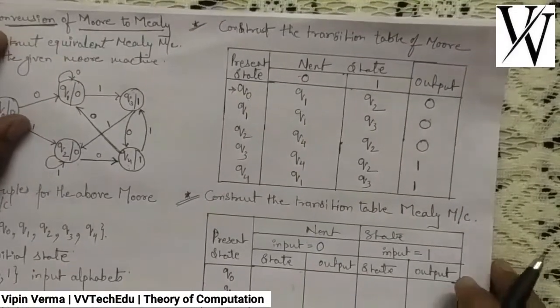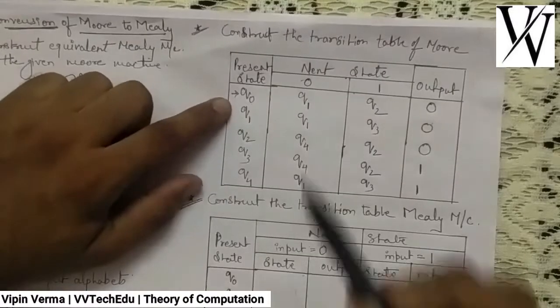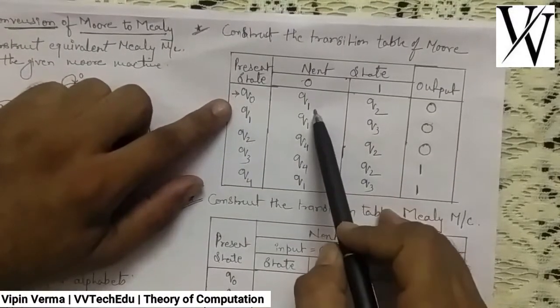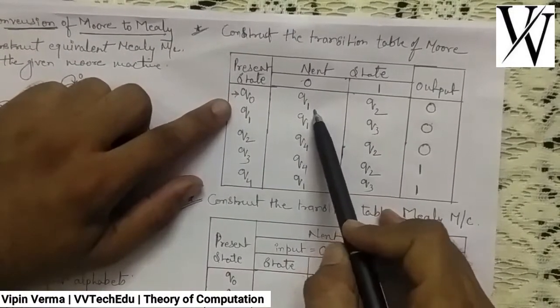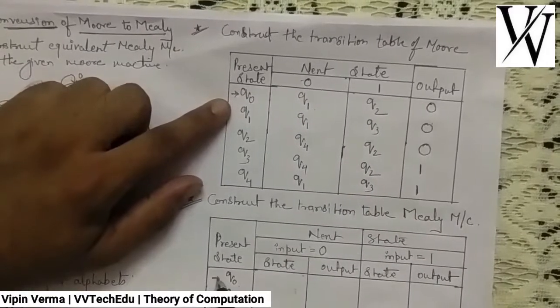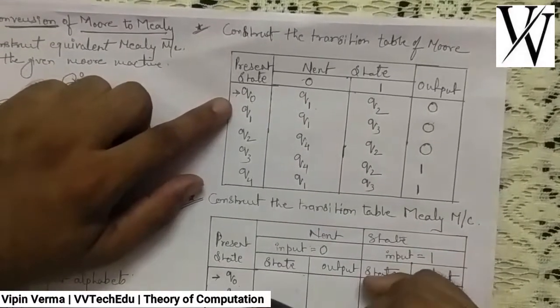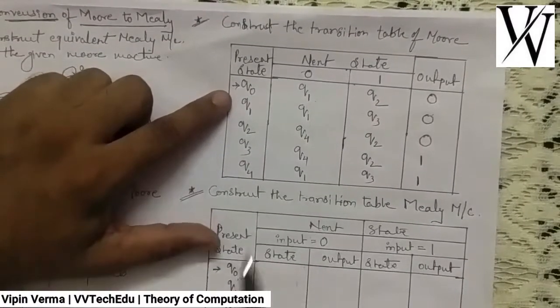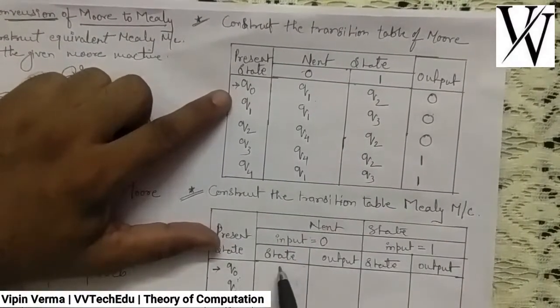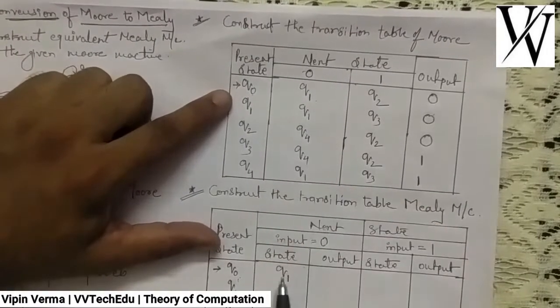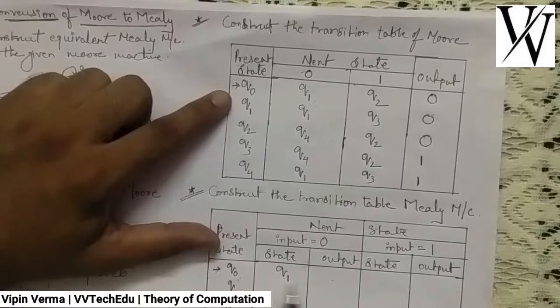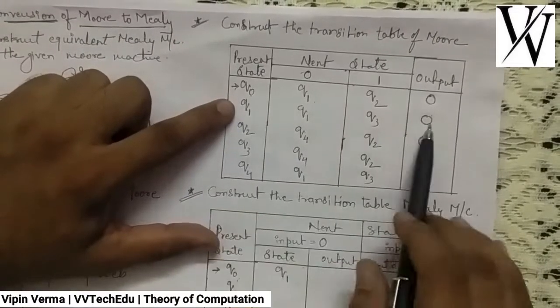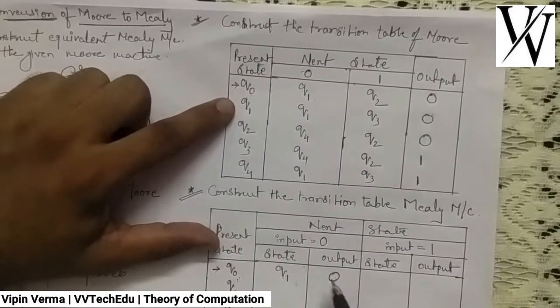So for this you can see at Q0 state, for 0, Q1. At Q0 state, which is the initial state, at 0 the transition goes to Q1 state, and the output of Q1 state is 0, so we just need to specify 0 here.